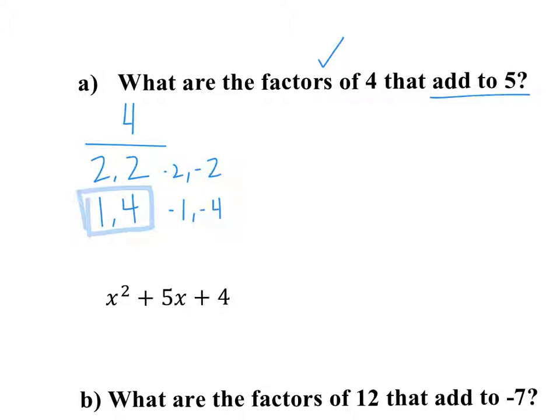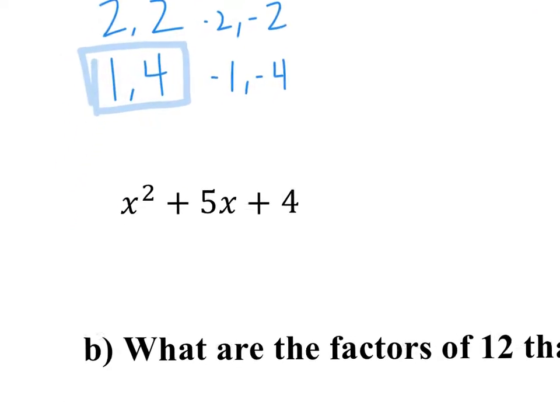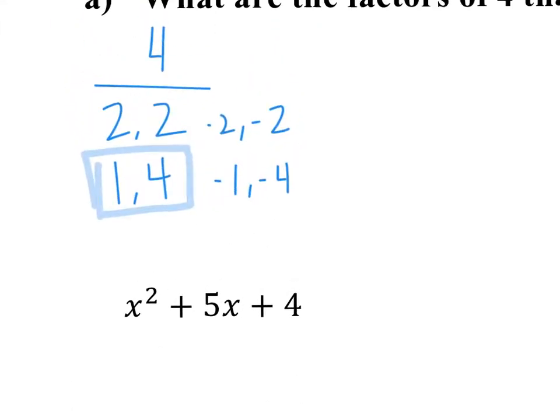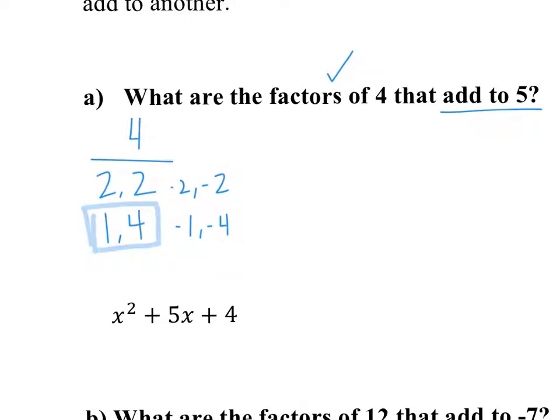Alright, let's move down here. I have this polynomial, x squared plus 5x plus 4. What do you notice about this 4 and what you're asked to find up here? We are going to use what we already know to factor this polynomial.